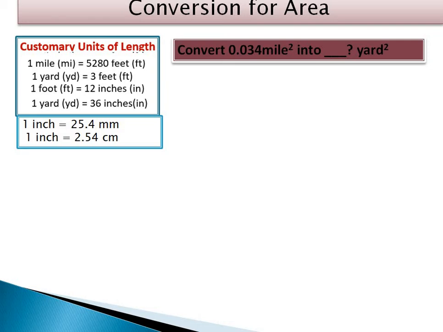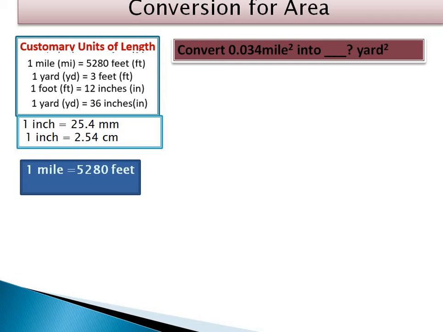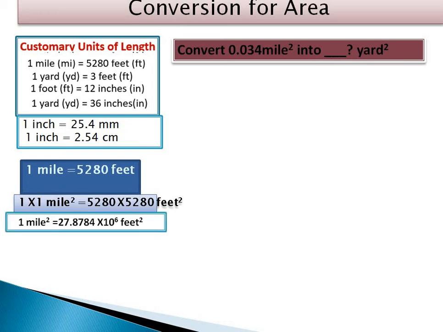Now conversion of 0.034 miles square into yard. Here again we know that 1 mile is nothing but 5280 feet, therefore 1 mile square is equal to 5280 into 5280 feet square. So its value is approximately 27.8784 into 10 to power 6 feet square.